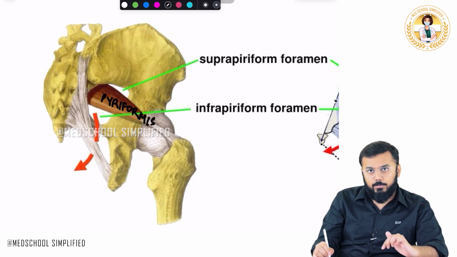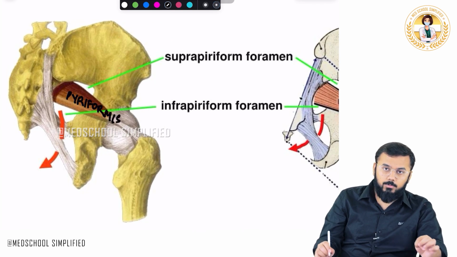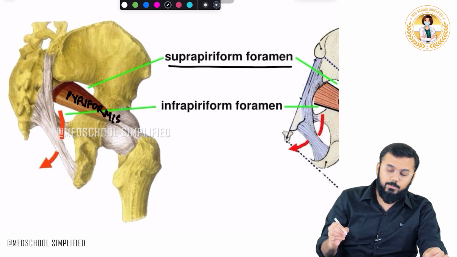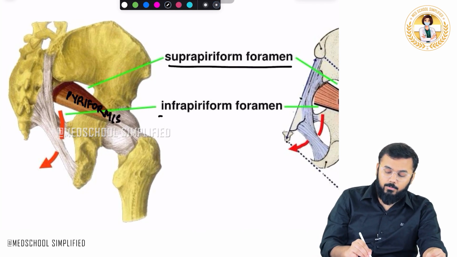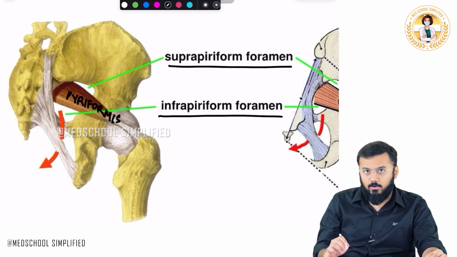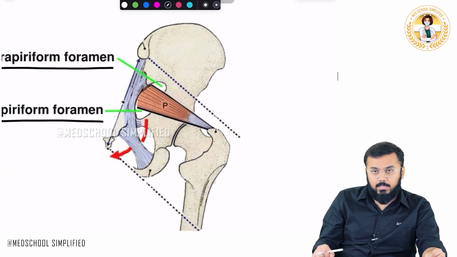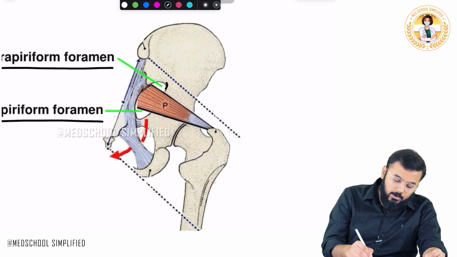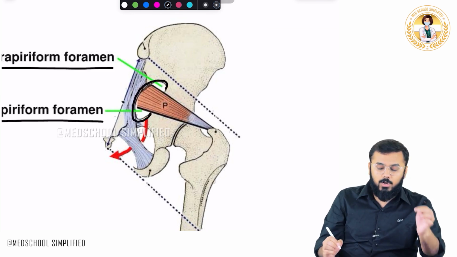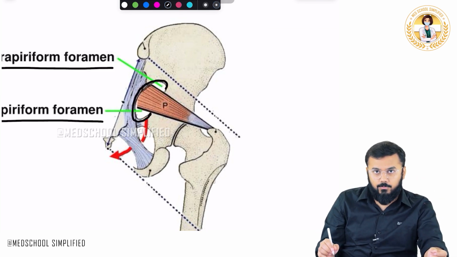So this piriformis muscle is dividing the greater sciatic foramen into two more foramens. Above the piriformis muscle you call it the suprapiriform foramen. Below the piriformis muscle you call it the infrapiriform foramen. This is the same thing on another picture. This entire foramen which you can see is called the greater sciatic foramen.